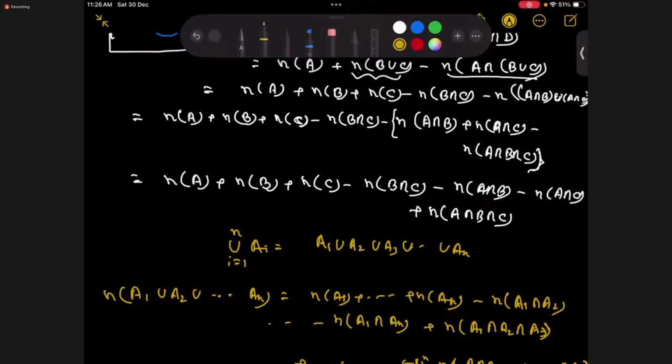So this is the formula for A union B union C.